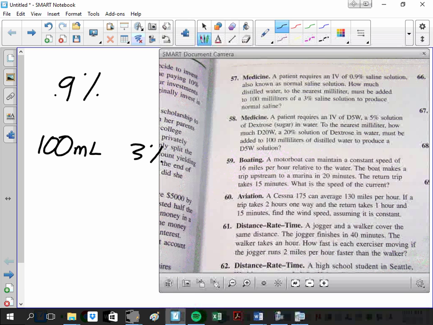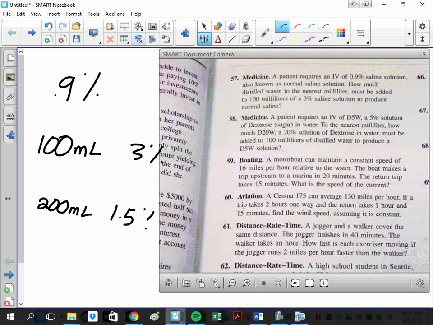What if I added 200 milliliters? Well, it wouldn't be 0.75. If I added another 100, I would have 200 milliliters, but it would be 1.5%.